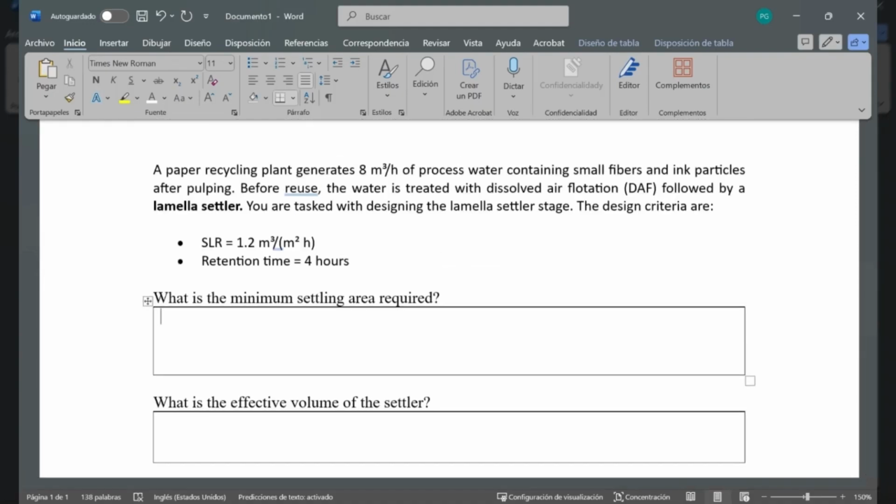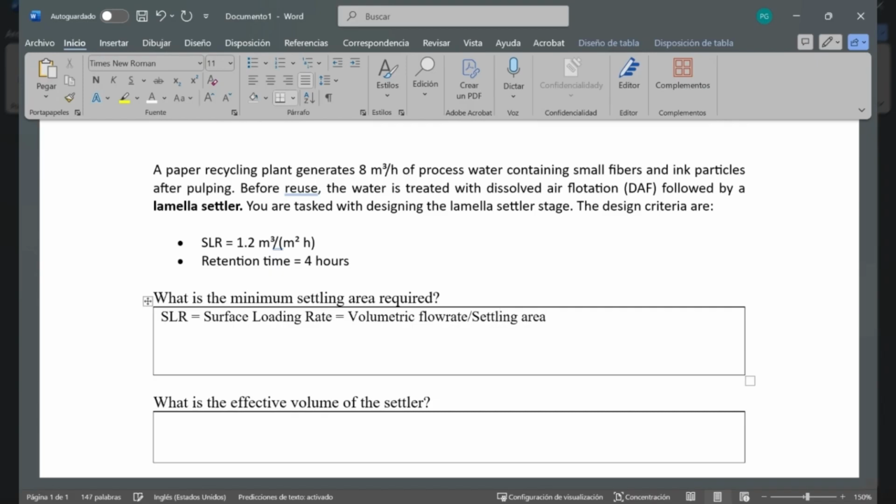Remember that SLR is the same as surface loading rate, and it is defined as the flow rate, or the volumetric flow rate, over the settling area.